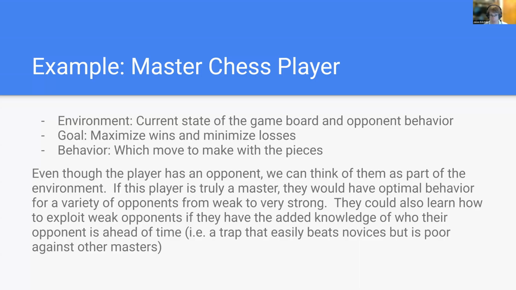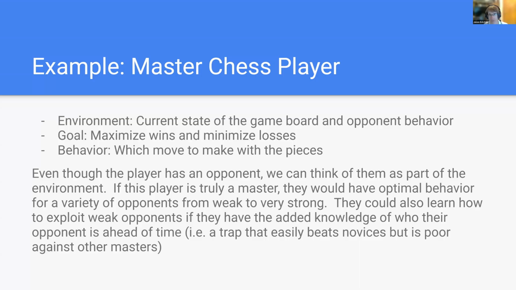But it's also possible that the agent would know something about their opponent, like, oh, I'm playing a very weak opponent. Then there could be certain behavior which is better against those opponents than against strong opponents. Like there are traps you can set that will fool a novice, but to an expert player, it would actually be a bad move to make because it wouldn't put you in a winning position.